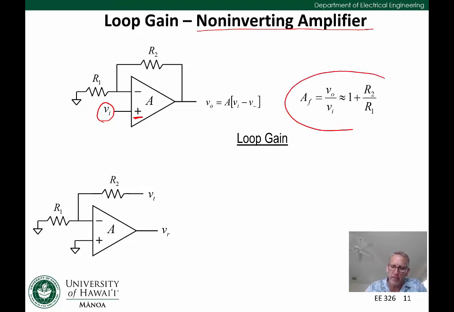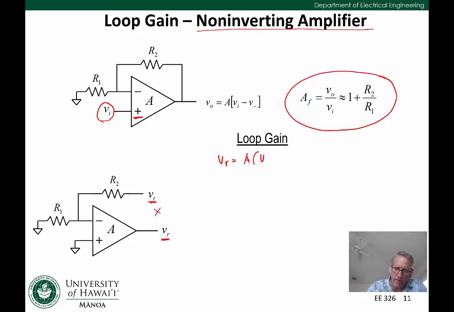What I'd like to do is evaluate the loop gain for this non-inverting amplifier. We break the loop, we apply a test voltage, and we measure the return voltage, VR. In this case, VR is just equal to A times whatever the voltage is on the negative terminal of the op-amp.